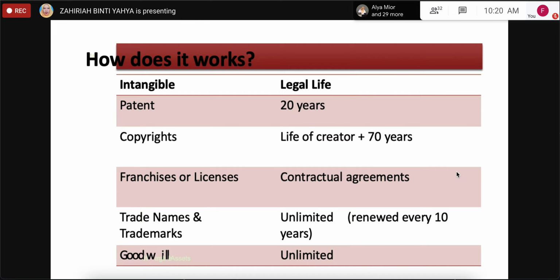So katalah you value, dia start patent this year. You use income method, so you capitalize-kan for 20 years. Tapi kalau patent tu dipatentkan 5 years ago, so you just capitalize for the remaining years, that is 15 years.